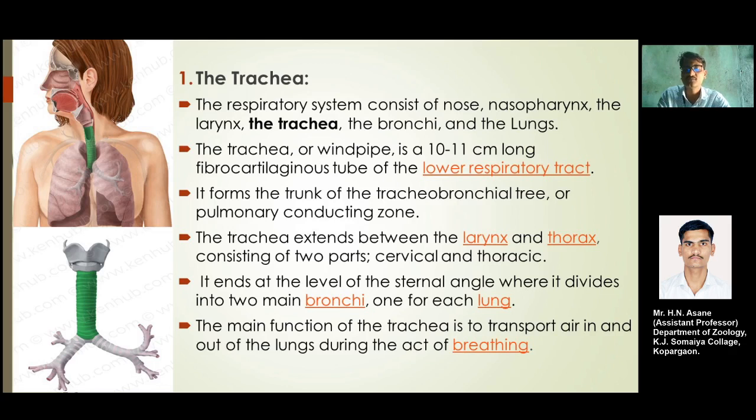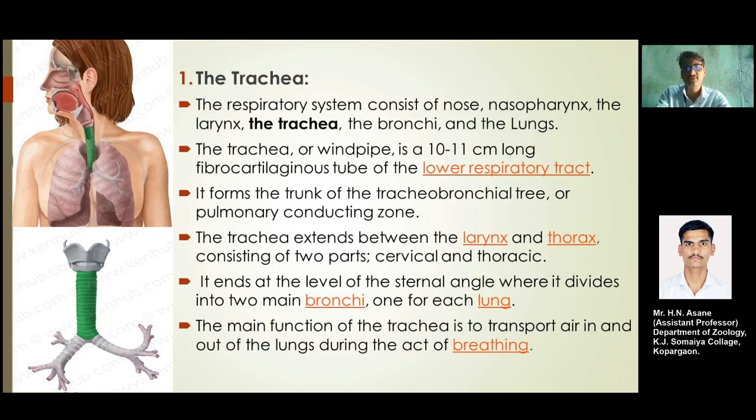So the trachea or windpipe is a 10 to 11 centimeter long fibrocartilaginous tube. What type of cartilage is the trachea made of? The trachea is made up of fibrocartilaginous material.